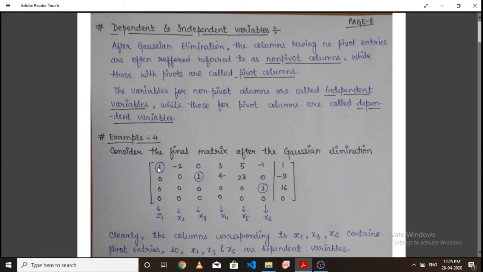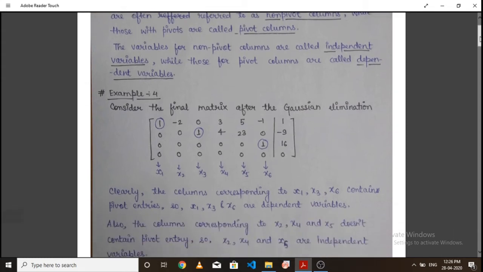And since columns 1, 3 and 6 contain pivot elements, therefore x1, x3 and x6 are your dependent variables. So I guess the definition is clear. The variables for non-pivot are independent and those corresponding to pivot are dependent.